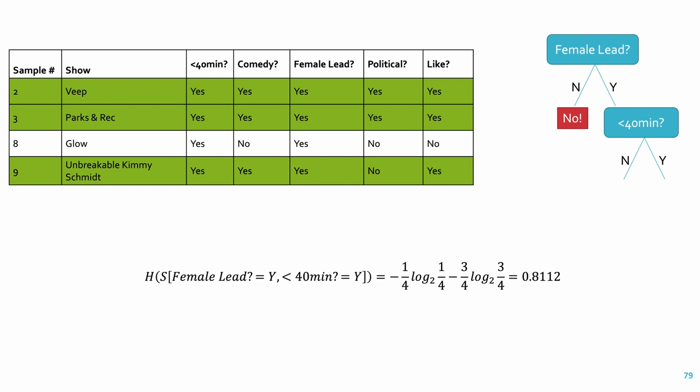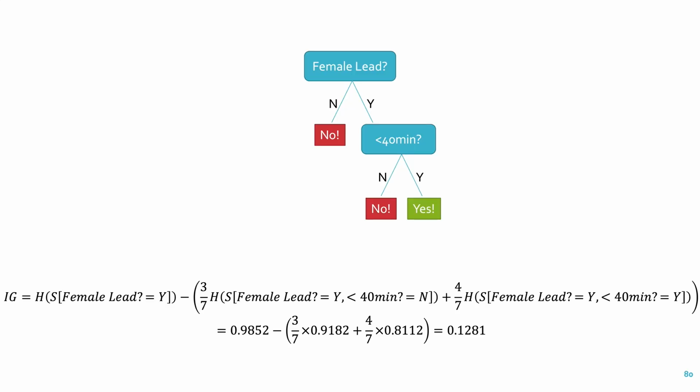The information gain for this particular split is going to be the entropy of female lead equals yes minus all of this stuff. So it looks like a lot, but let's think about it. When female lead equals yes, there are 7 samples total. When female lead equals yes and less than 40 minutes equals no, we have 3 samples. And when less than 40 minutes equals yes, we have 4 samples.